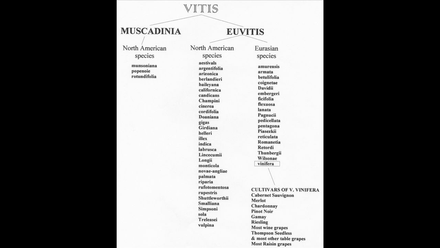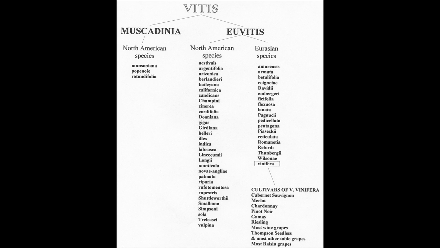There's actually a division of the genus itself. So Vitus, the genus, and there's a division called Vitis, or the true grapes, and that constitutes hundreds, if not thousands, of species all over the world. And then there's this other offshoot, Muscadinea, which are just a handful of species located just in North America.